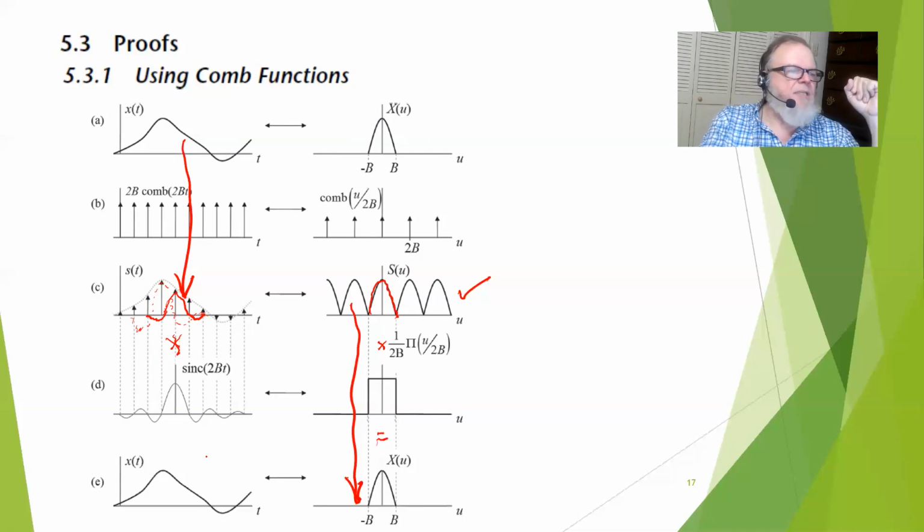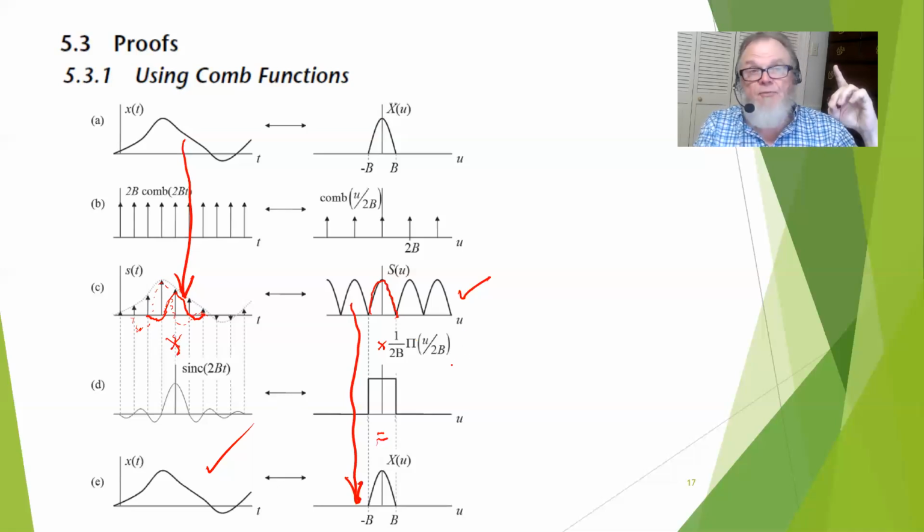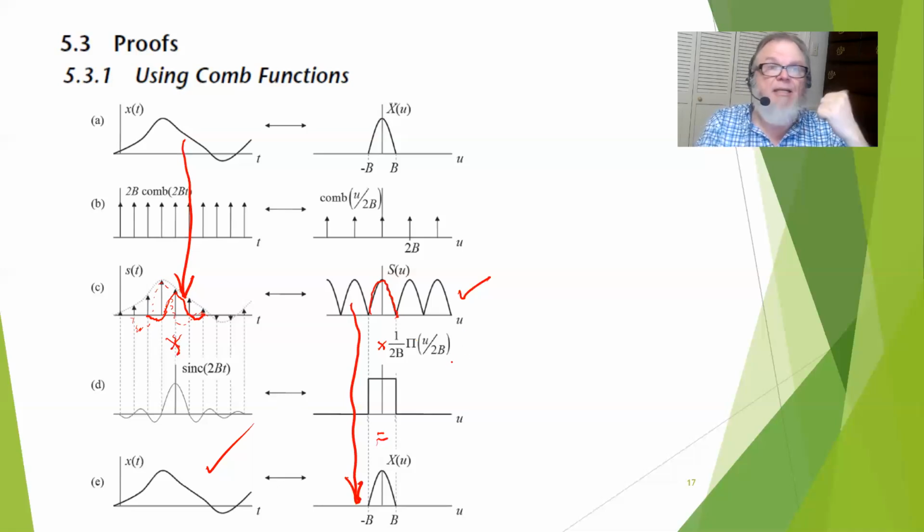And you add up all these sincs, and guess what? You get the original signal. How do we know? We know because it happened in the frequency domain. And if it happened in the frequency domain, it has to have happened in the time domain. And so this is the relationship that we get. And this is a kind of intuitive geometrical explanation of the sampling theorem, and I think it is a very clean way to think about the sampling theorem intuitively.